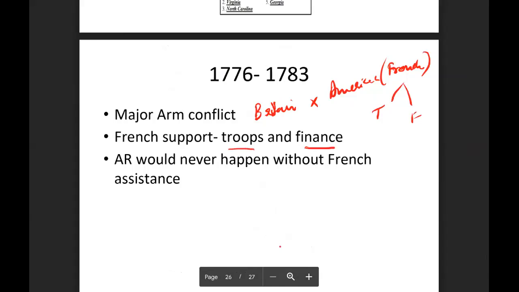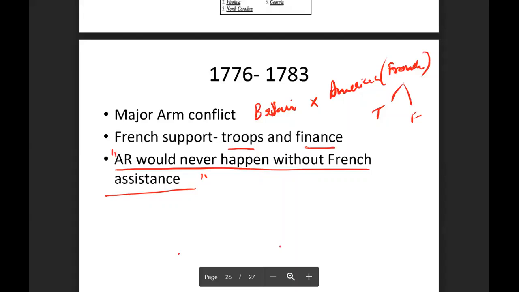The statement 'American Revolution would never have happened without French assistance' was a question in UPSC Mains. An analysis was asked on this statement, so you have to know how France was involved in the American Revolution. You should also know how they gave troops, and first of all why they gave them: France and Britain were always in struggle, always against each other.